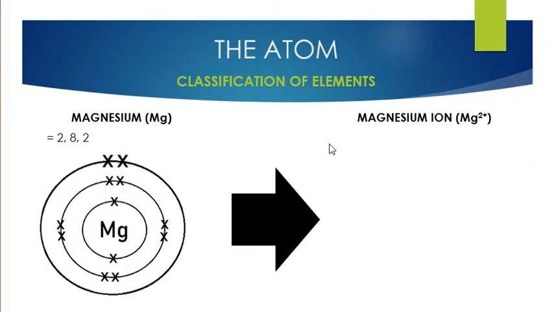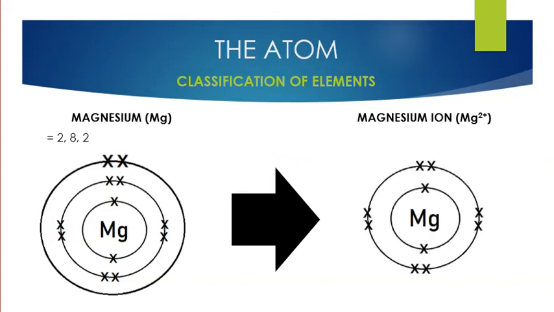If you can relate, this is because there are 2 electrons that have been lost, or simply there are 2 more protons, and so those 2 protons give a charge of 2 plus to the magnesium ion, and so its electronic configuration in the ionic form will be 2, 8.